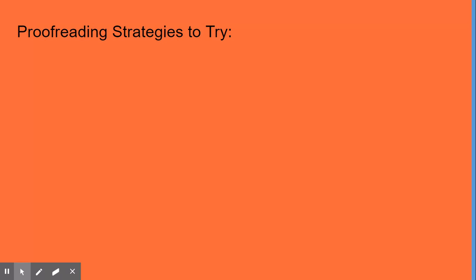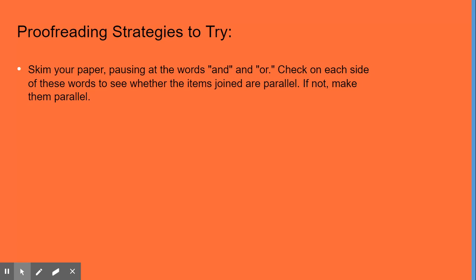So when you're creating writing and you want your writing to be parallel, here's some strategies that you can try. The first thing you might want to do is skim your paper and make sure that you're pausing at the words and or anytime that you have a list or ideas are connected to one another.